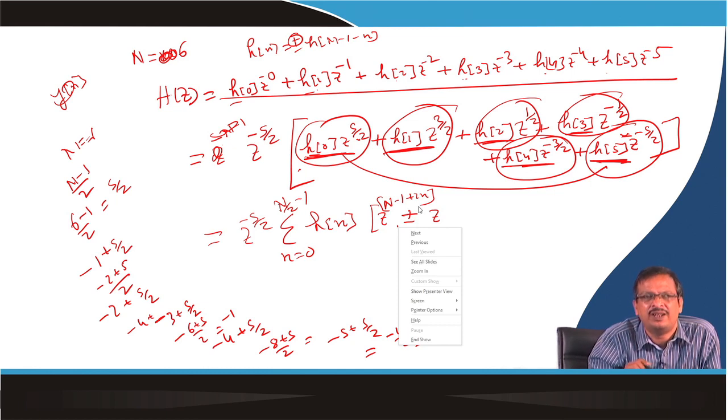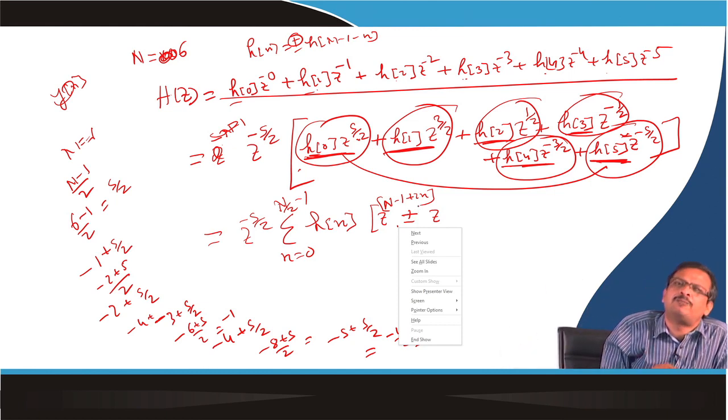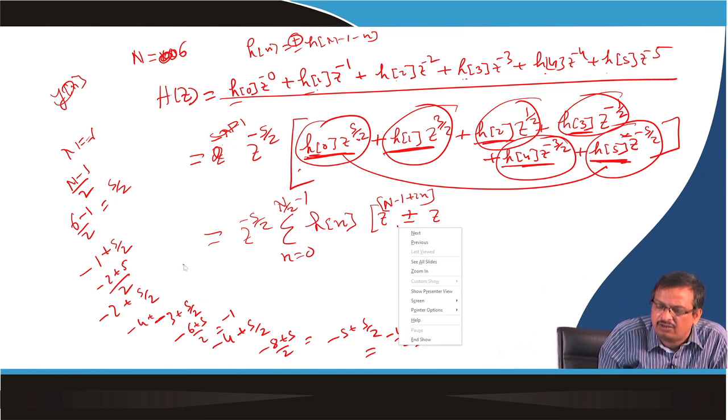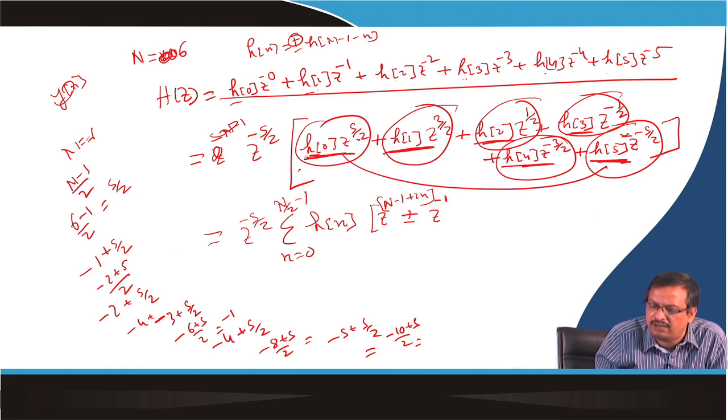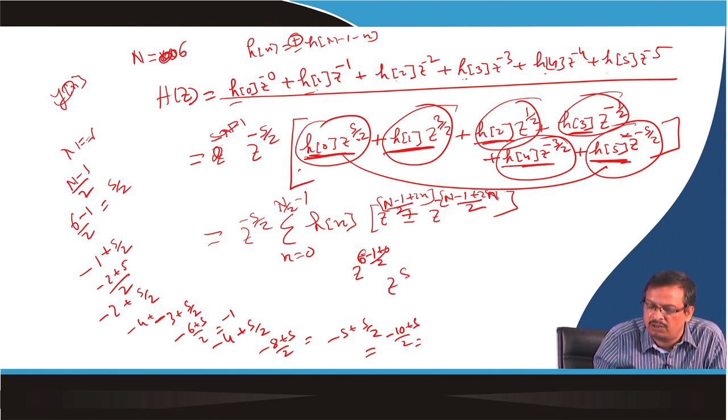If it is negative, then it is antisymmetric. If it is positive, then it is symmetric. So it is nothing but z to the power minus (n minus 1 plus 2n). If small n is equal to 0, then with n equal to 6, 6 minus 1 plus 0 divided by 2, which is nothing but z to the power 5 by 2, and this is minus 5 by 2.